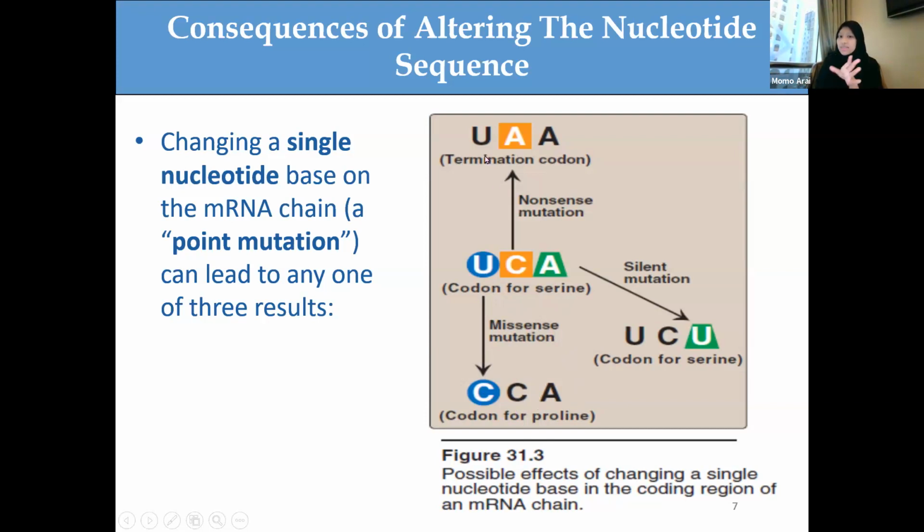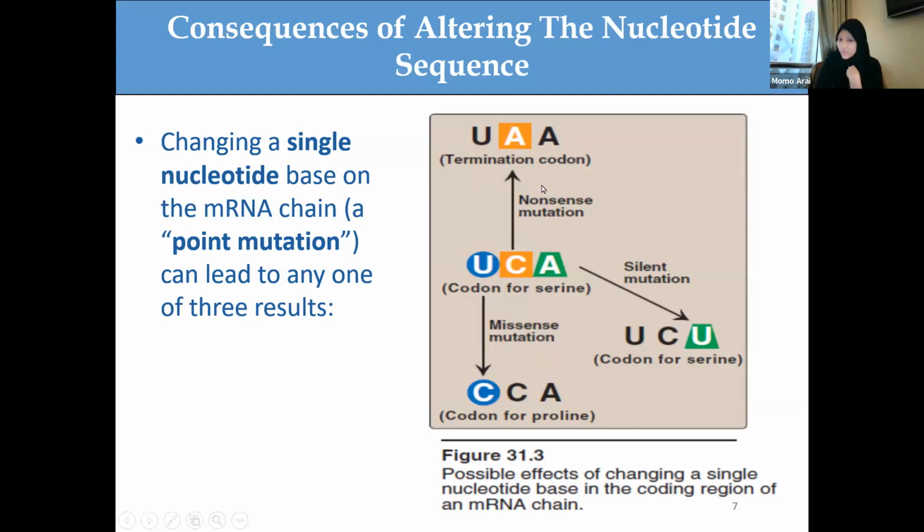Let's say it becomes UAA. Now UAA, again, is one of the stop codons like we saw, and it does not code for any amino acids, but this mutation is called nonsense. We used to memorize this by saying stop this nonsense.